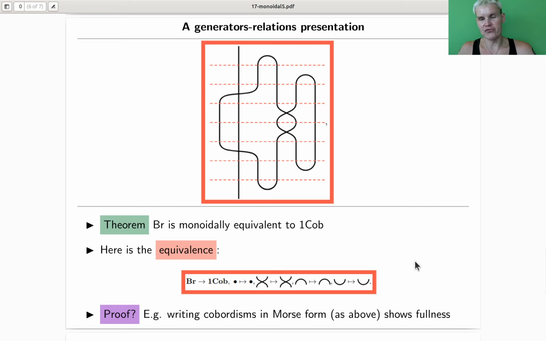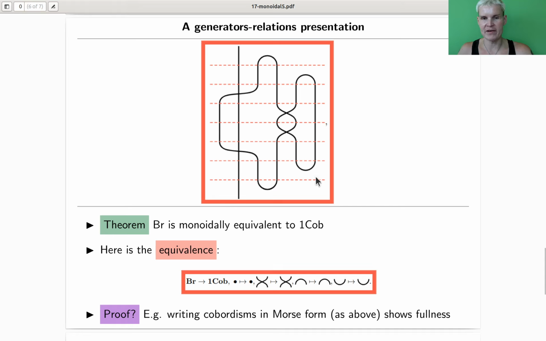And what you need to do, in order, for example, to show that this is a monoidal equivalence, that's not difficult, it's just a bit annoying, is for fullness, surjectivity, you need to realize that you can write every morphism, which is just a cobordism, in this type of height-type setting, where at every stage you have just one generator and potential identities.